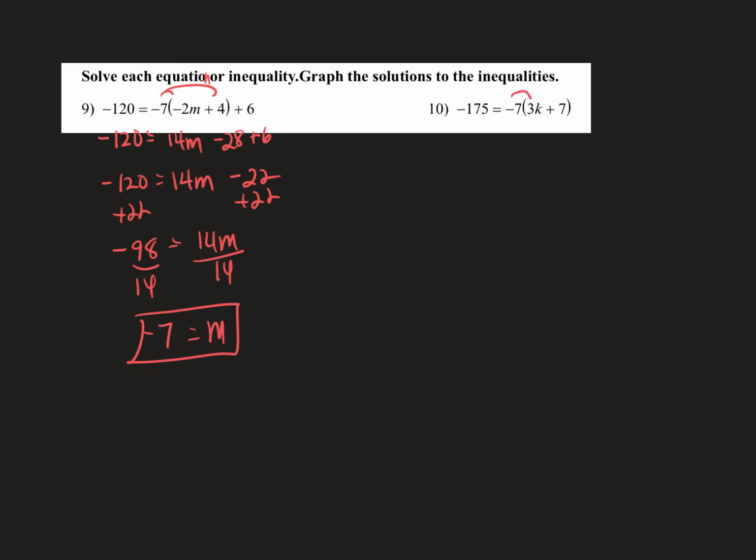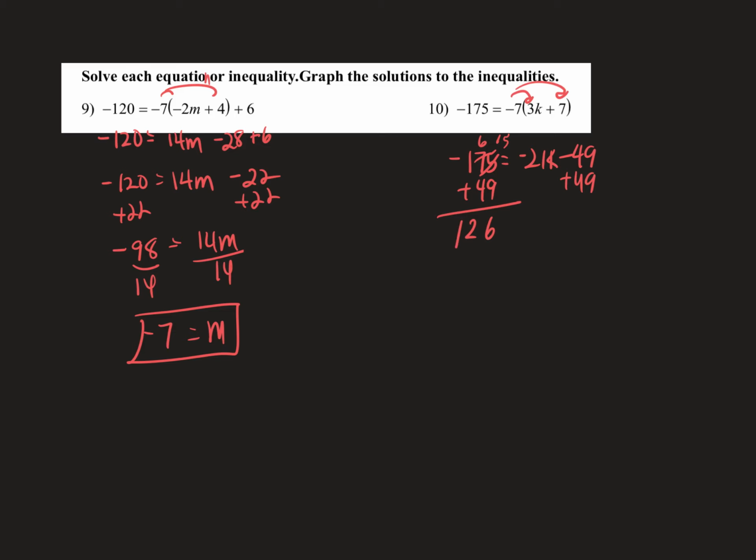The next one, distribute the negative 7. So negative 175 equals negative 21k minus 49. Add 49 to both sides. That's 15. This would be 6. 15 minus 9 is 6. 6 minus 4 is 2.